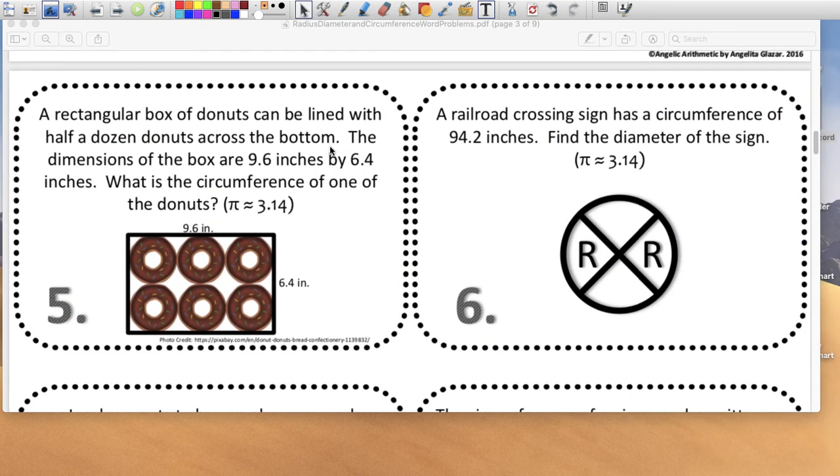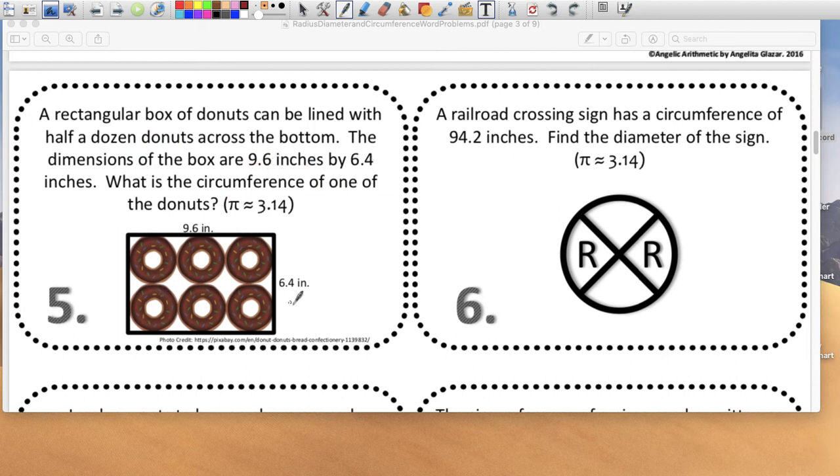Okay, one second. A rectangular box of donuts can be lined with half a dozen donuts across the bottom. The dimensions of the box are 9.6 by 6.4. What is the circumference of one donut?